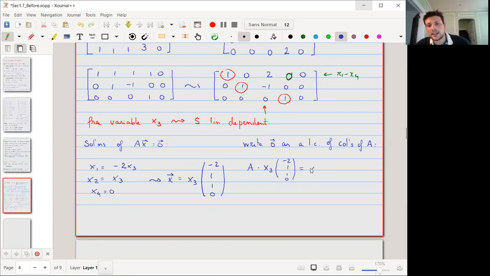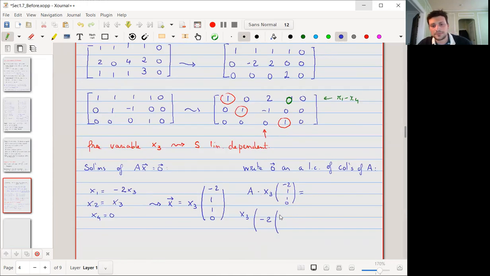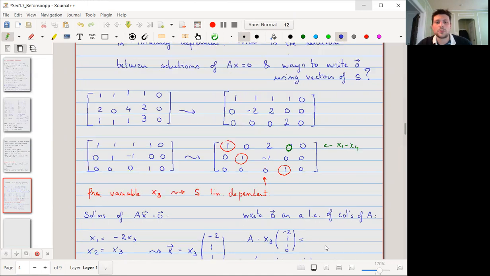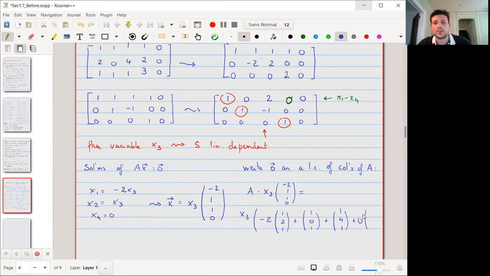When we do this, we get x3 times, go down here. We have -2 times the first column of A, (1, 2, 1), plus 1 times the second column of A, which is (1, 0, 1), plus 1 times the third column of A, (1, 4, 1), plus 0 times the fourth column of A, (1, 2, 3).